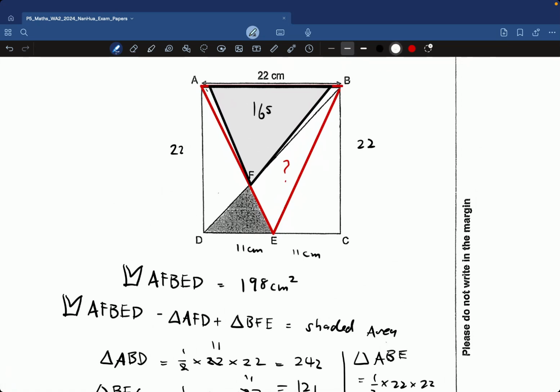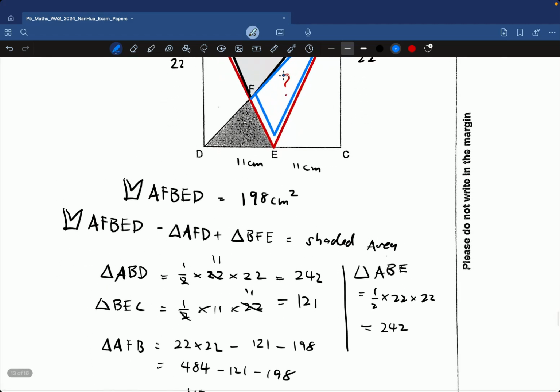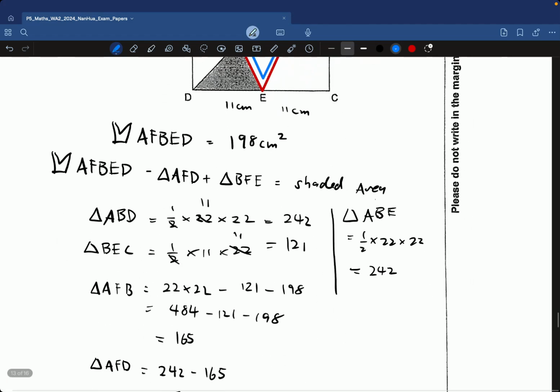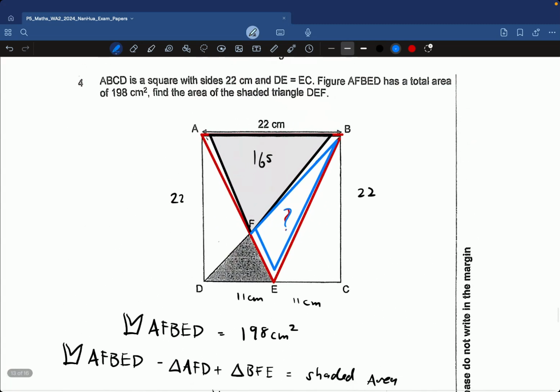Then the last part, the blue part, I'm just going to draw this part over here. Okay, so this blue part is basically the red triangle minus the gray triangle equal to the blue triangle that we are looking for. Which is basically ABE minus the AFB.